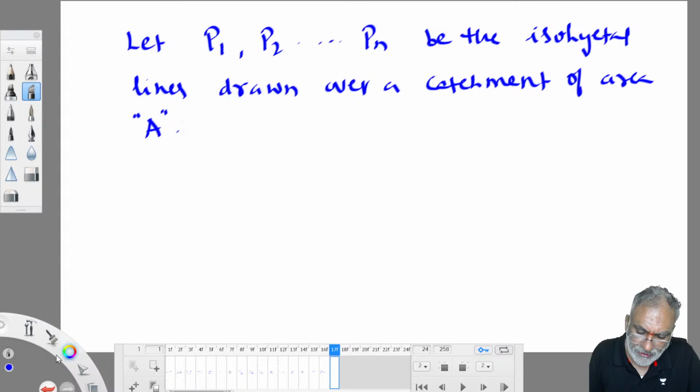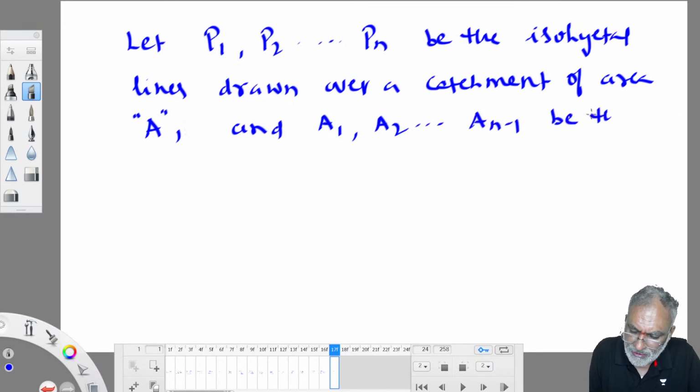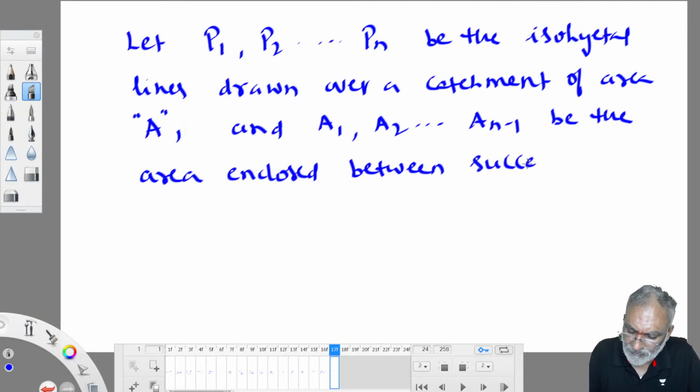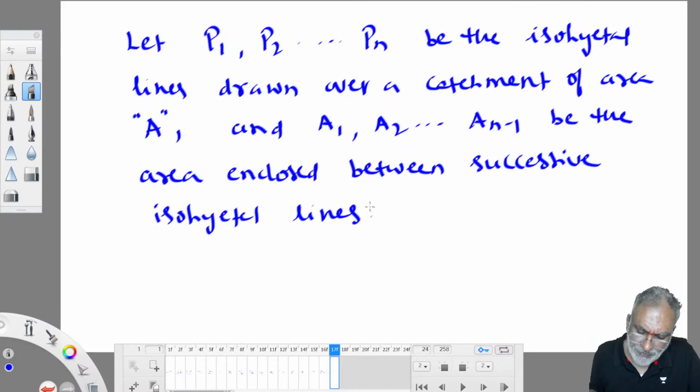And let A1, A2, up to An minus 1 be the areas enclosed between successive isohyetal lines. So this and all will be given to you.